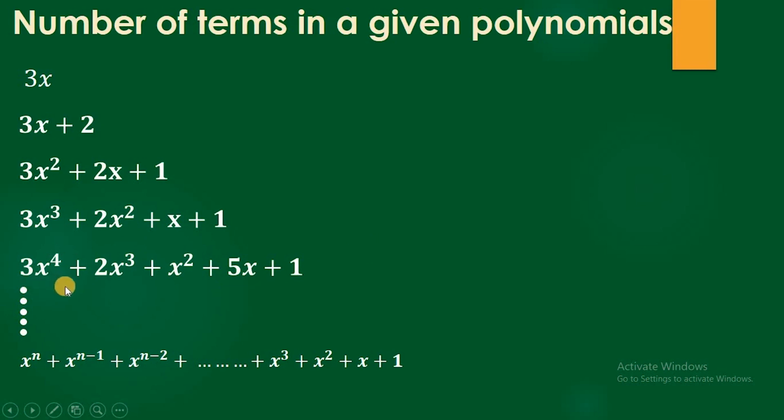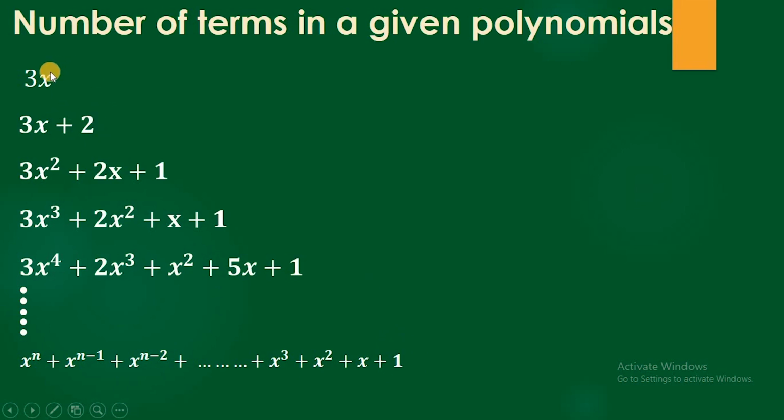You can write 3x power 5, and so on, and finally x raised to the power n, and so on. Finally it gets reduced to x plus 1, where 1 is a constant term.